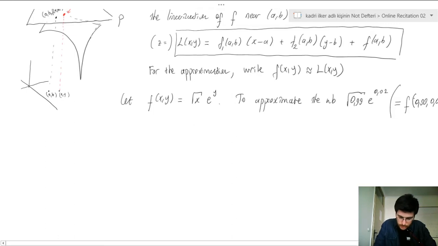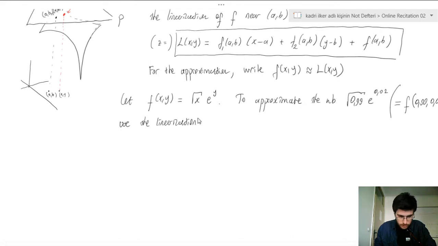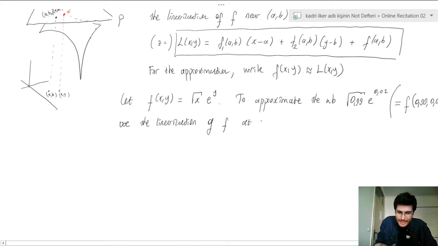Okay, and then we want to approximate, and we use the linearization of f at some specific point, right? So at which we can at least compute the value of f, and of course we can construct the tangent plane.